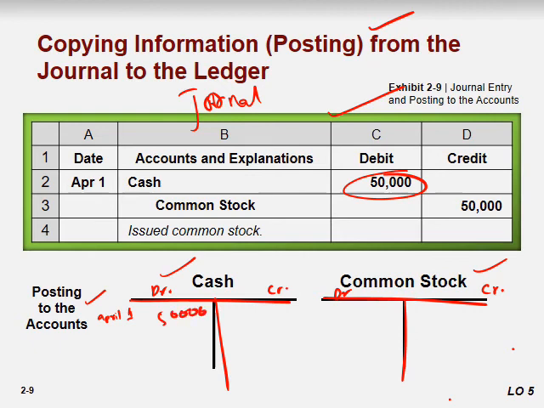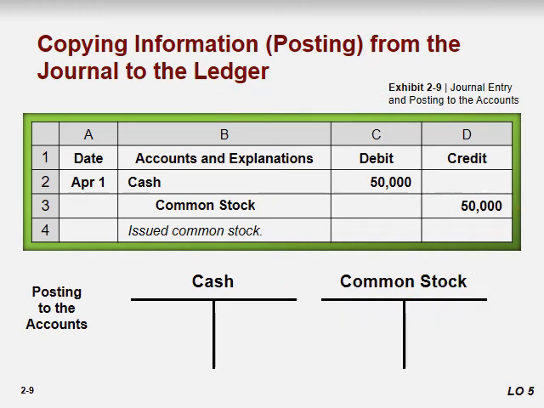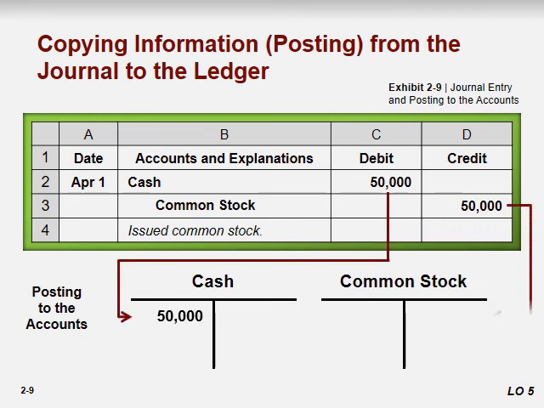And on April 1, why do I write 50,000 here? Because this is common stock and 50,000 is on the credit side, so I write it on the credit side, right? So let's see that here it is. This 50,000 came here on the debit side, and on the credit side.